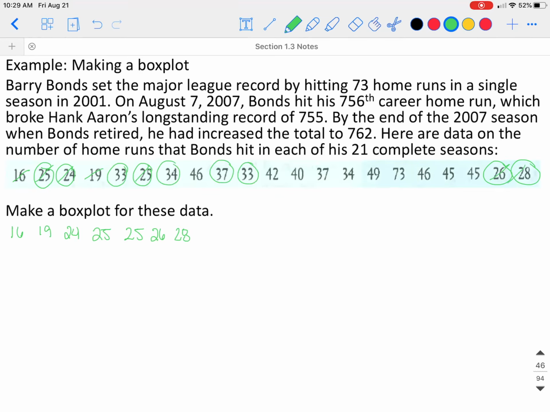In the 30s, we have 33, 33, 34, 34, 37, 37.